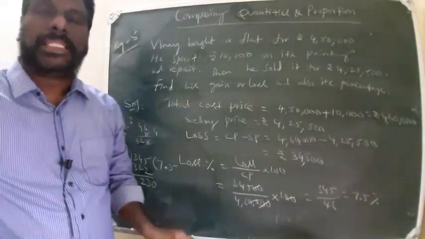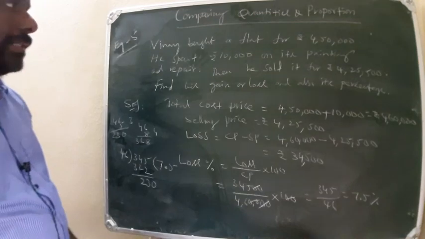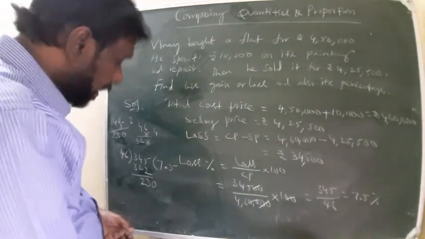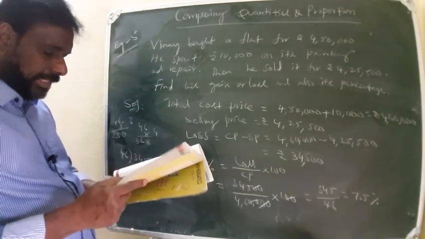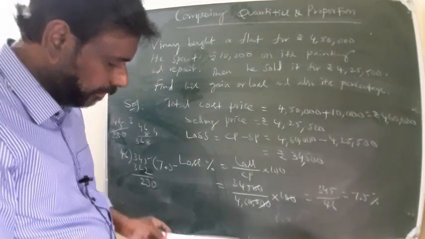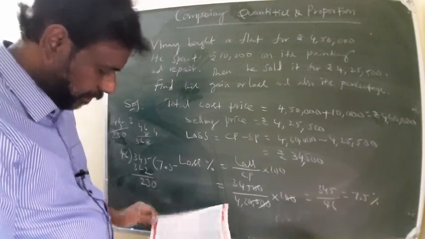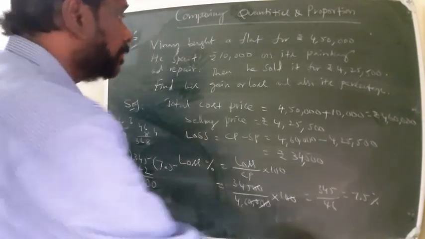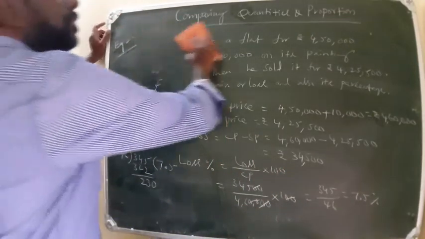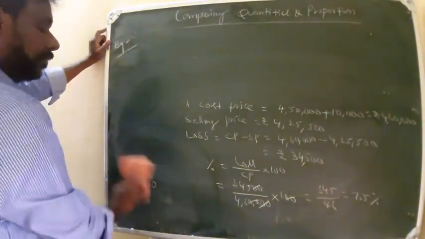So exactly 7.5%. So what is the loss percent? 7.5%. So like that you have to do this example 5. And now example 6.